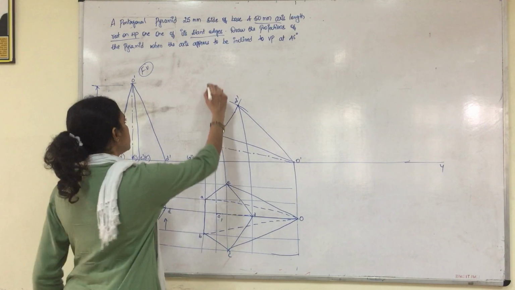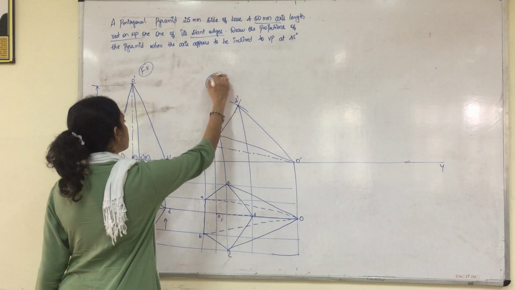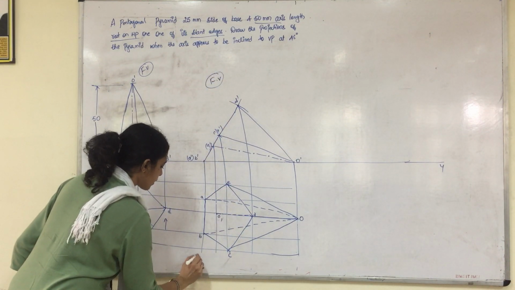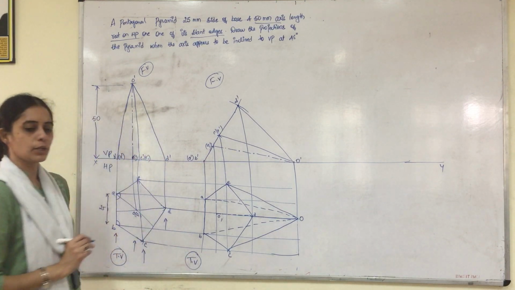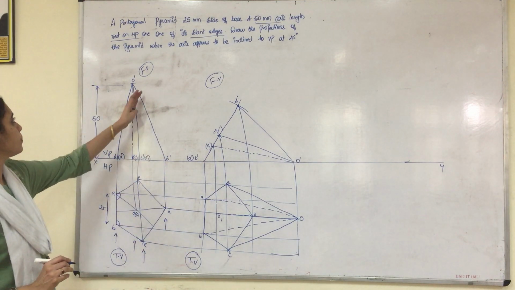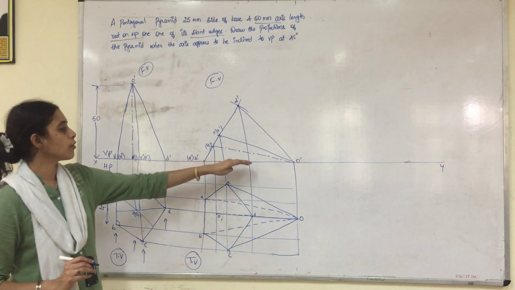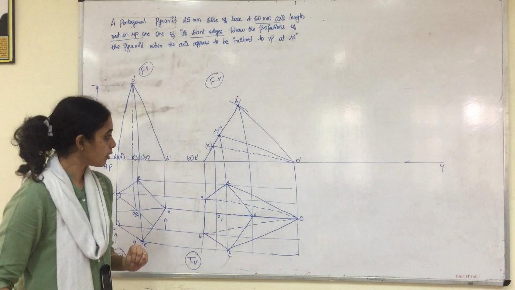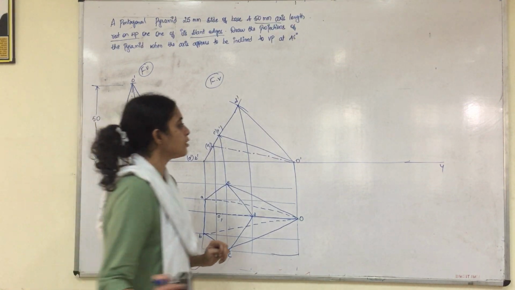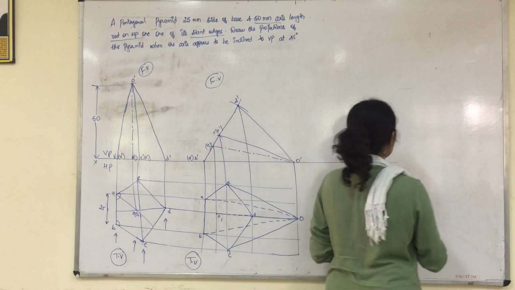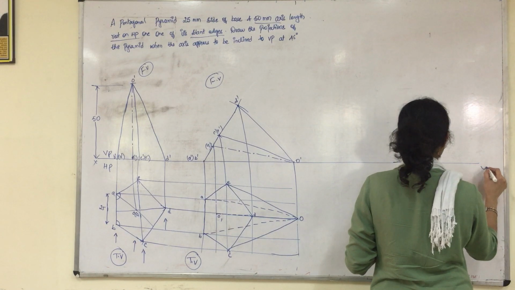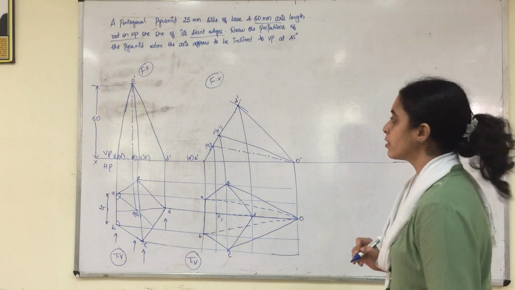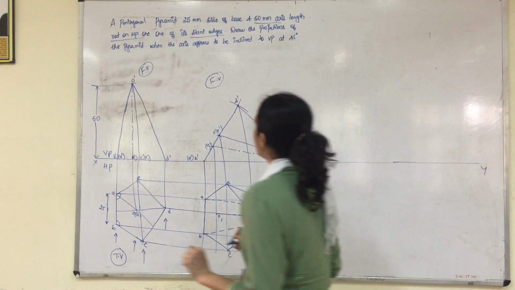So this is how the second stage front view and top view look when the given pentagonal pyramid is resting on one of its slant edges on the XY line or on HP. Now we have to figure out how the last stage of the problem will be.